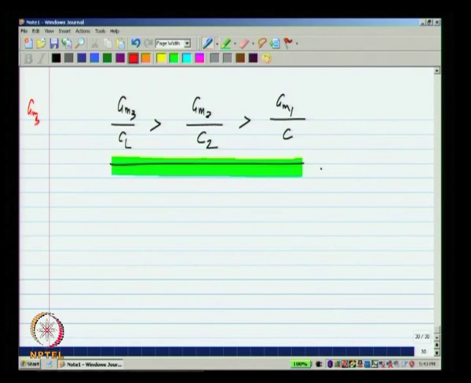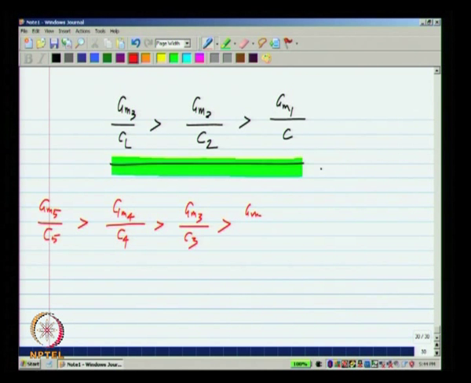And if you have more stages, let us say you go to 5 stage op amp, then you also need to have the innermost, which I will call GM5 by C5, which has to be more than, let me write it separately, GM5 by C5 has to be more than GM4 by C4, which has to be more than GM3 by C3, GM2 by C2 and GM1 by C, and C5 is nothing but the total load CL.